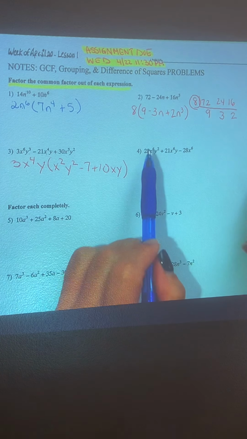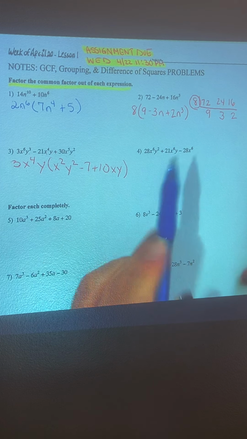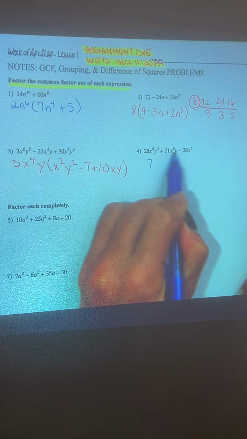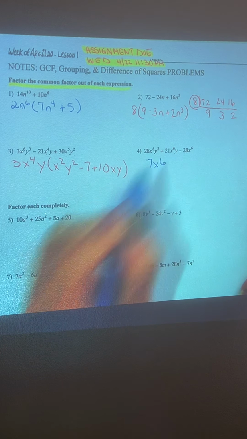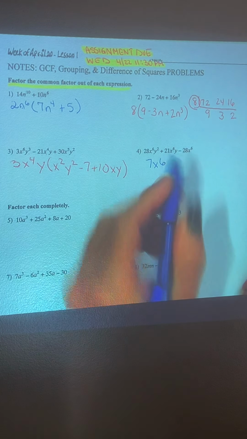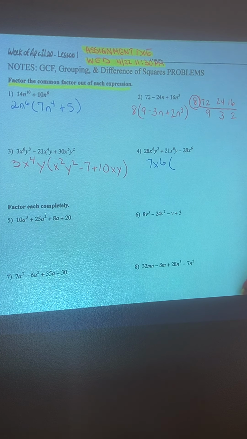Greatest common factor of 28, 21, and 28 is 7. x^6, x^6, x^6, x^6. y^2, y^1, and no y is no y. Remember, the variable has to be in all 3 parts.